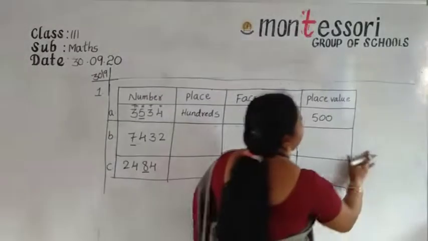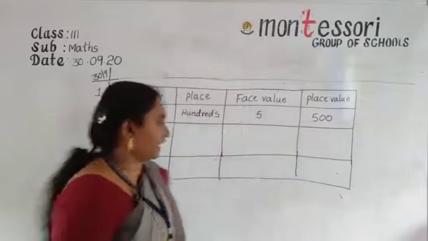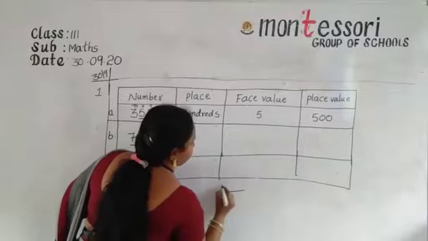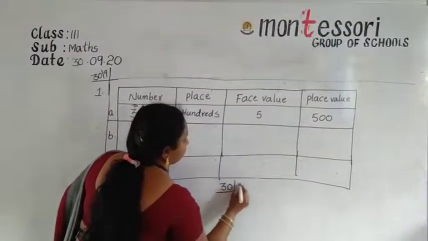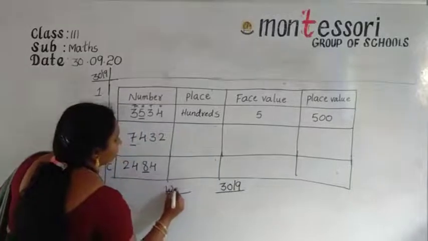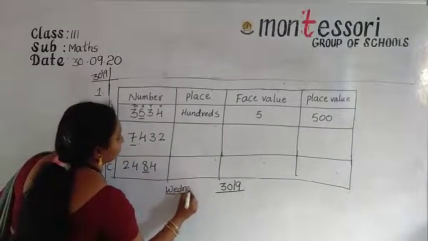And take your diary, all of you. Write today's date, 39, and the day, Wednesday.